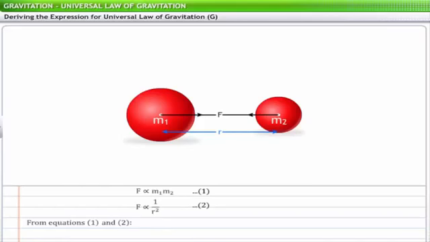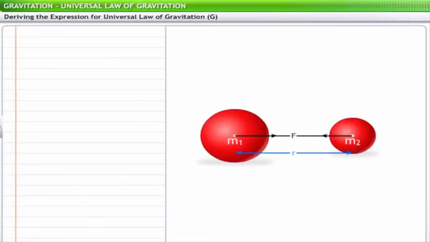By combining both these relationships, we get the gravitational force between the bodies as F proportional to m1 m2 divided by r squared. To equate this relationship, we use a constant of proportionality, G, which is the universal gravitational constant. This gives us F is equal to G m1 m2 divided by r squared.